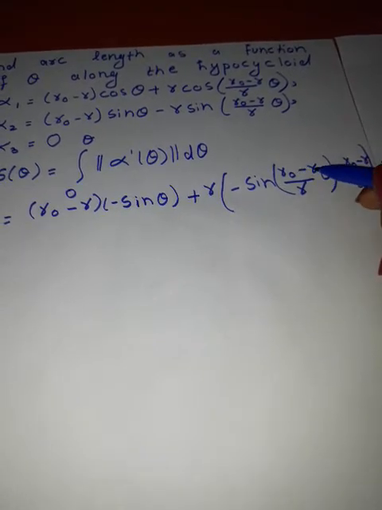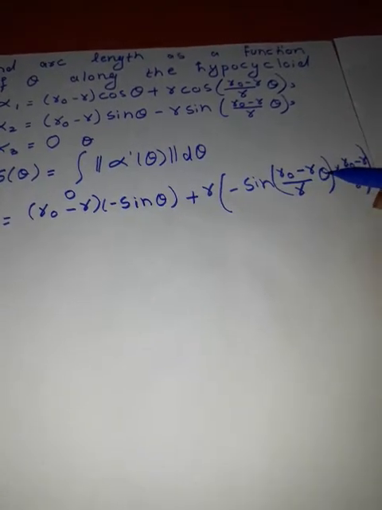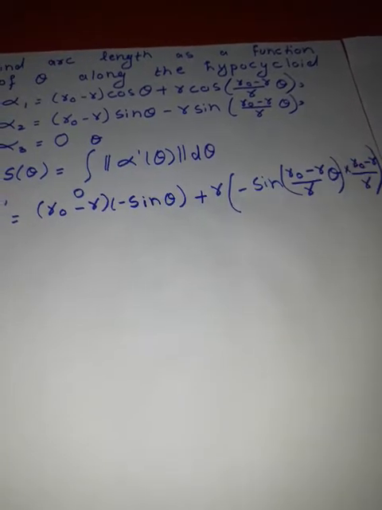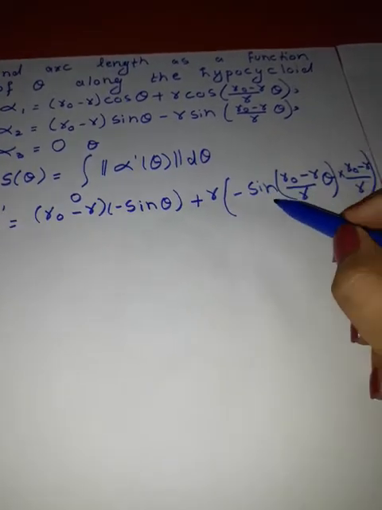Here (r naught minus r)/r times theta is in the angle of sine.